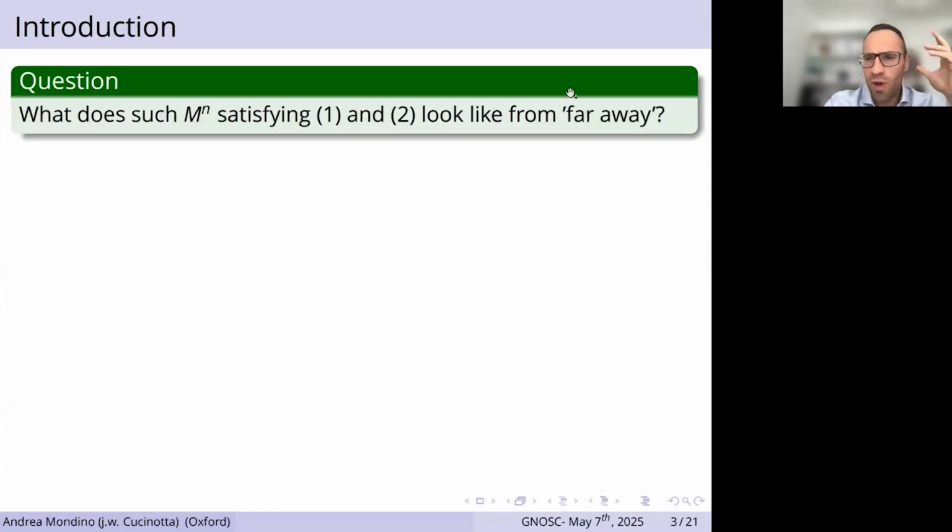So the question that we're interested in is: how does a manifold which satisfies this almost non-negative Ricci and positive k-scalar curvature look from far away?